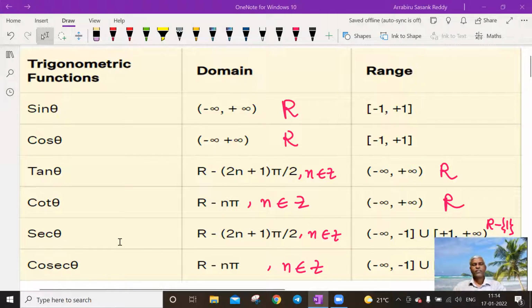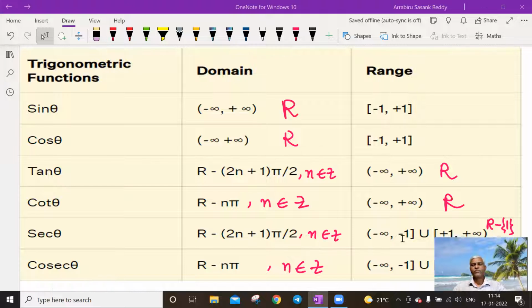Sec theta, sec function is not defined for odd number multiples of 90 degrees. That is 1 into 90, 3 into 90, 5 into 90, 7 into 90. So R minus these odd number multiples of 90 degrees. So domain is R minus (2n plus 1) pi by 2. And the range, so 1 is not included in the range.